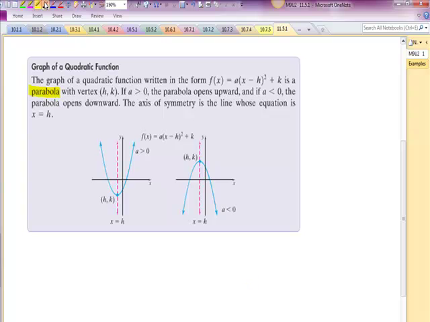There are several important points on a parabola. There is the bottommost point, or it could be called the topmost point, depending on which way it opens. That point is called the vertex. There are possibly two x-intercepts. There is at most one y-intercept.